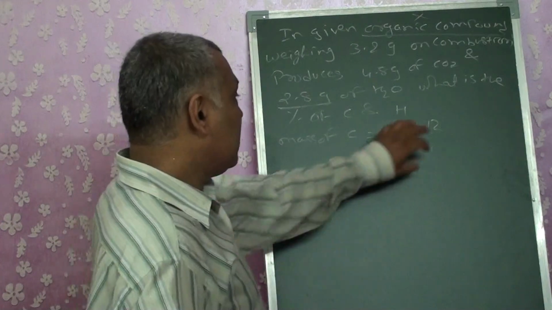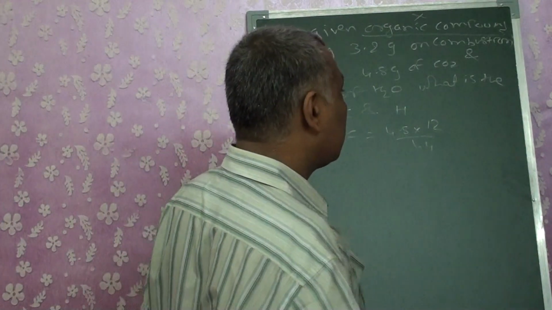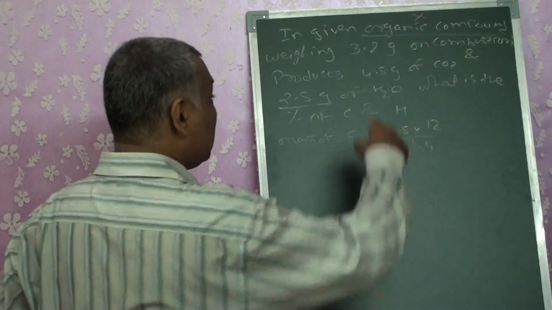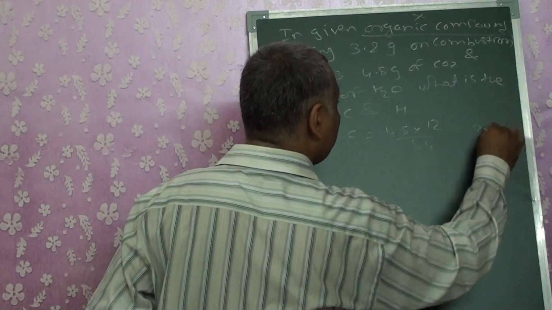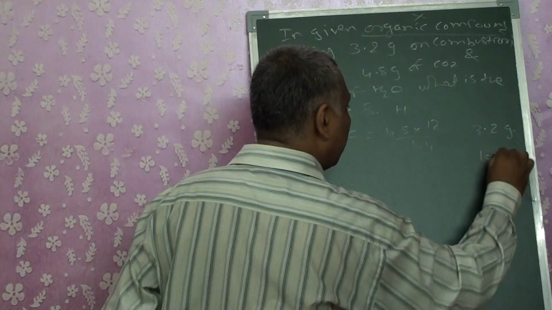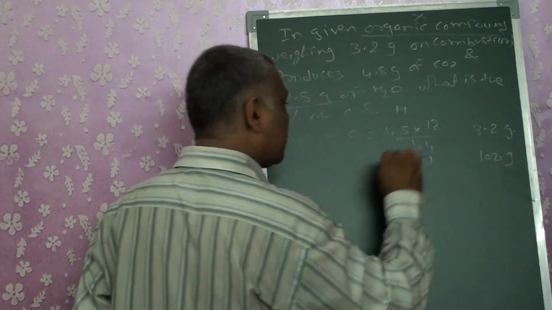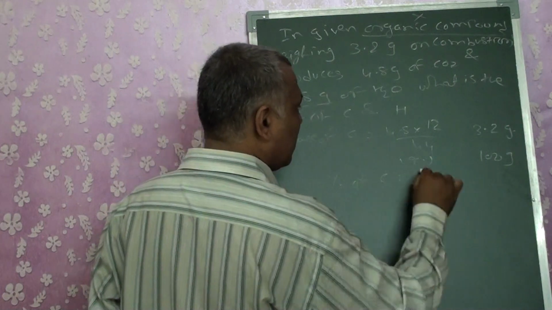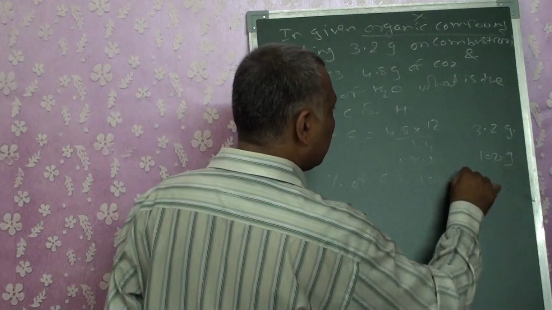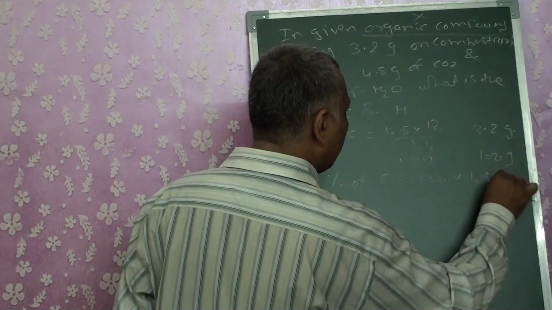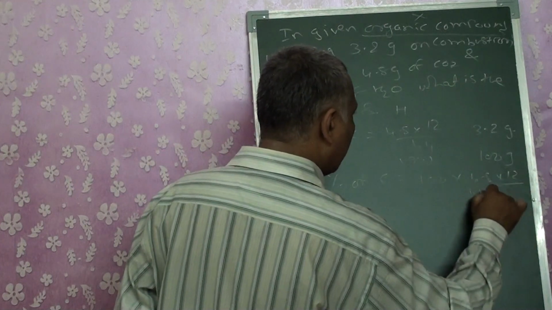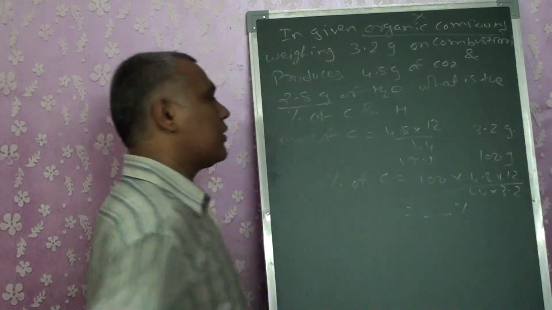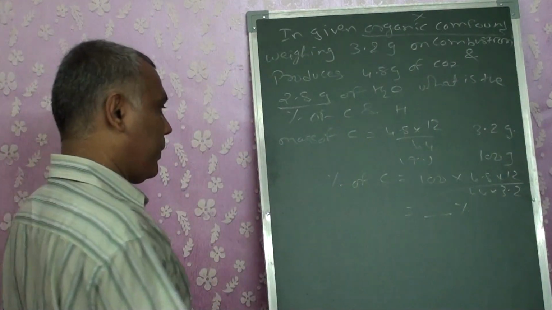This much carbon is there in 3.2 gram. In 100 gram, how much? So that will give me the percentage of carbon: 100 into 4.8 into 12 by 44 into 3.2. That will give me the percentage of carbon.